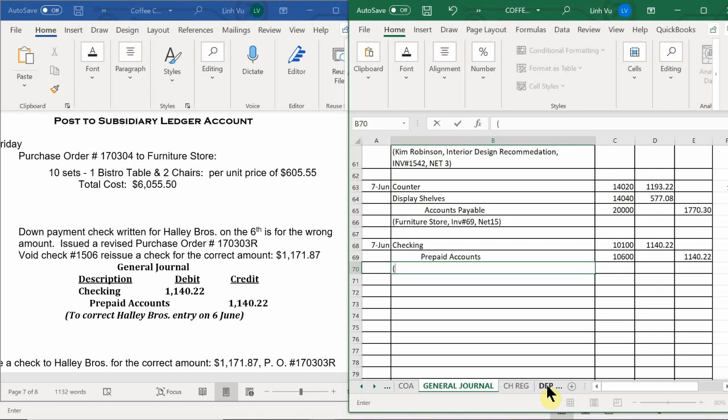Okay, so I guess, to correct down payment for Haley Bros, check number 1506 void, purchase 17033.